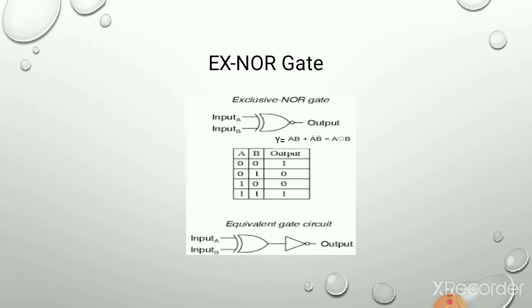Next is the XNOR gate. The word XNOR is a short form of exclusive NOR. XNOR means not exclusive OR.